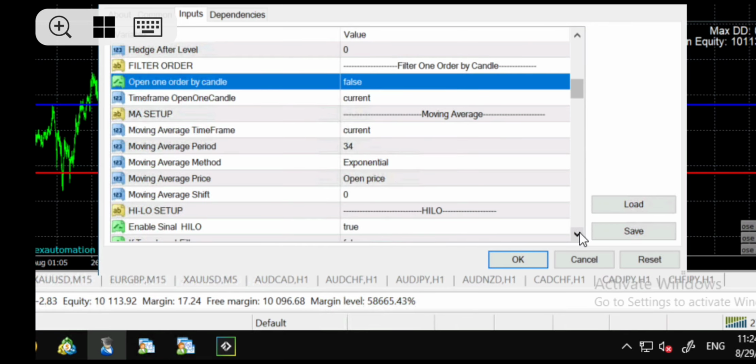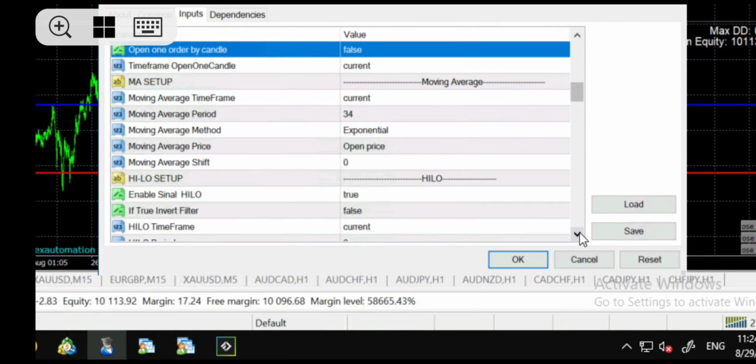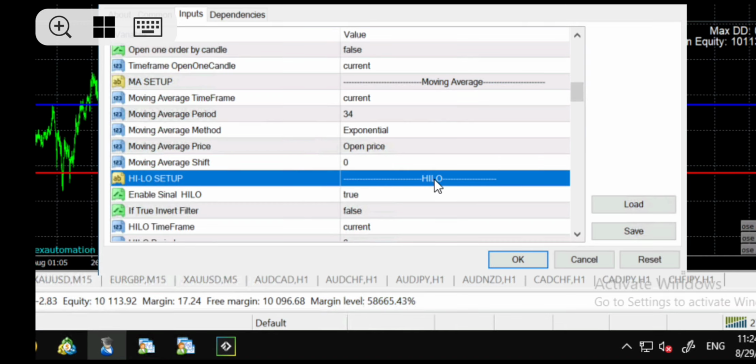So then high low. The main idea of high low is that the EA will enter a long trade when price breaks the high of the previous candle. So when the high of a previous candle is broken, the EA will enter a long trade, meaning it is signaling that the price is still going in that direction, and vice versa.